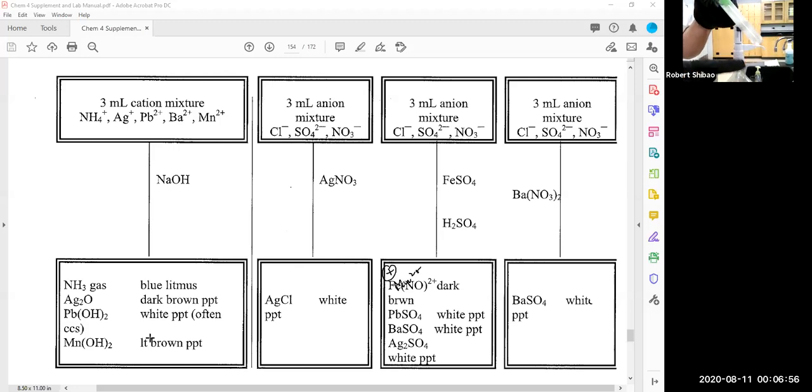Now take a look at what happened here. You see the sulfuric acid is this clear colorless solution at the bottom, and it's very hot. It's there at the bottom, and it's kind of pushed the precipitate up. So I'm going to look for the development of a brown ring somewhere in here.